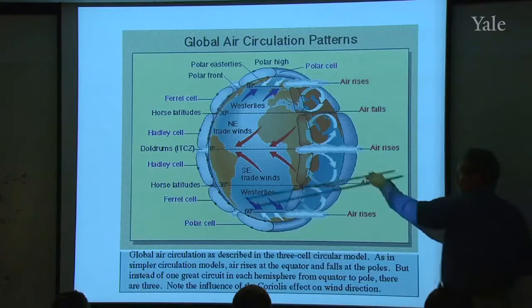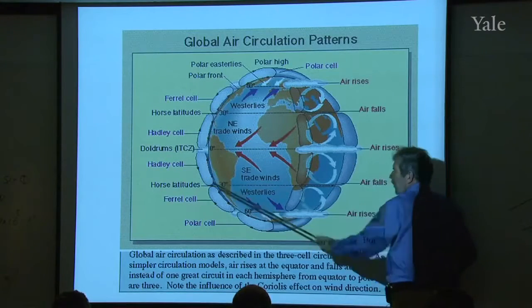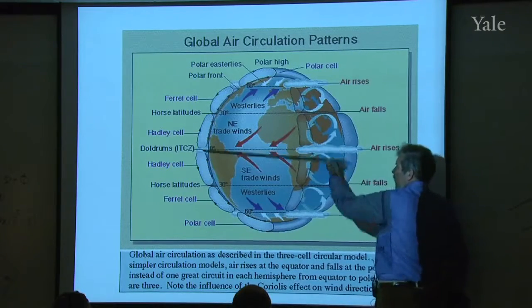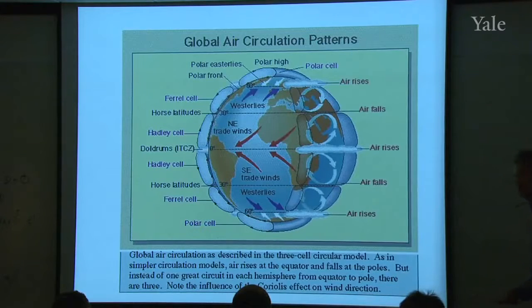We'll see it's a little more complicated than that, but this is a good starting point. It's a double circulation pattern driven by the excess heat put in from the sun along the equator. That's the Hadley cell.